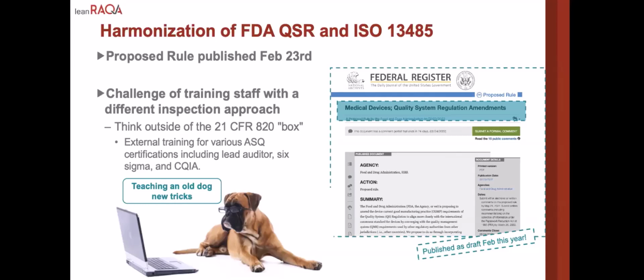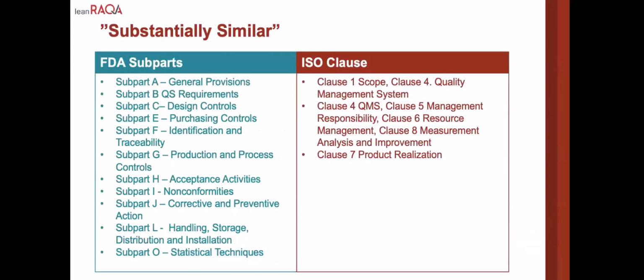And so in this proposed draft regulation, there were a lot of things that the FDA called substantially similar. And the FDA even harmonized the subparts with the coordinating ISO clauses.